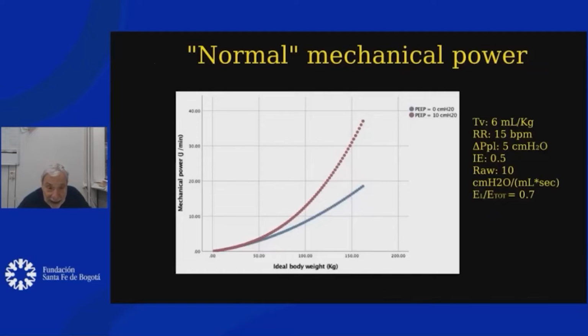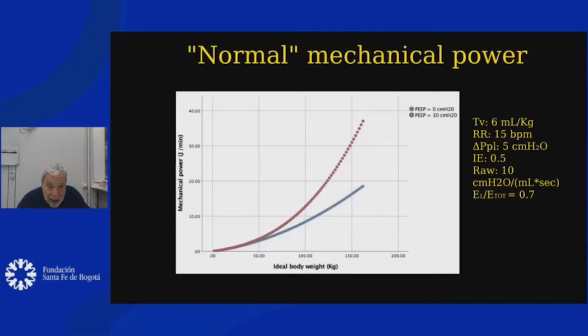So here, if I have a tidal volume of 6 and a respiratory rate of 15 and a delta pressure, pleural pressure of 5, so we have a resistance of 10, and this is the ratio of elastance.